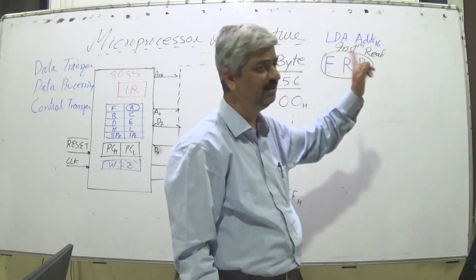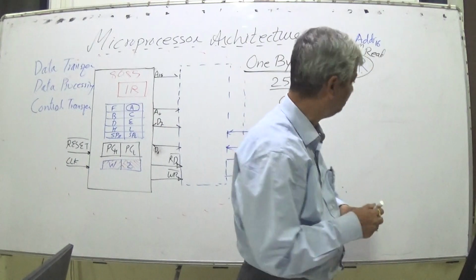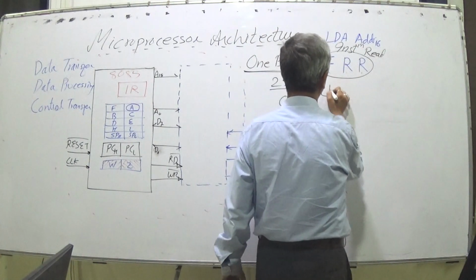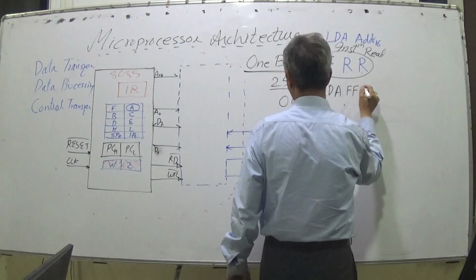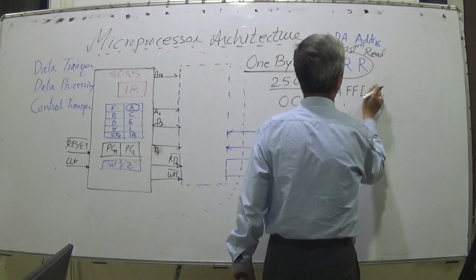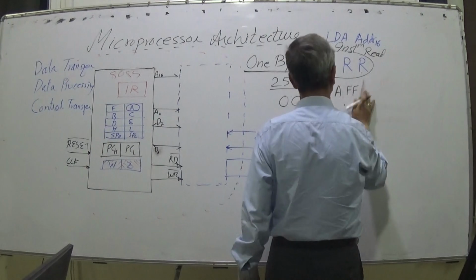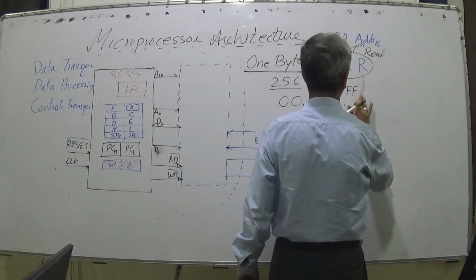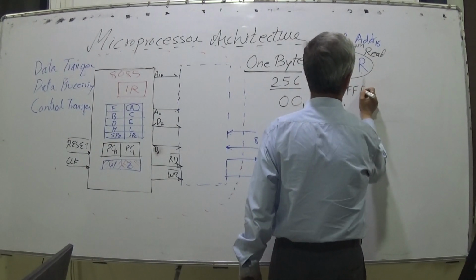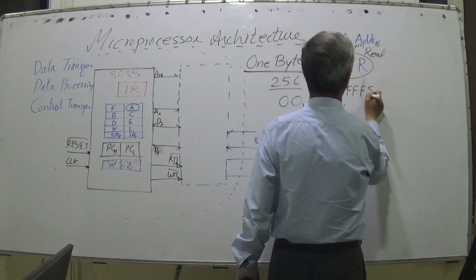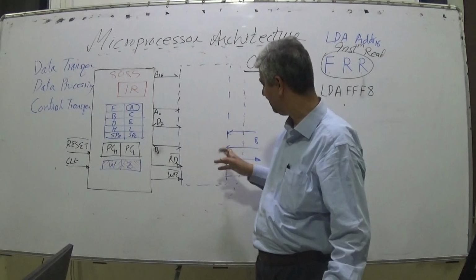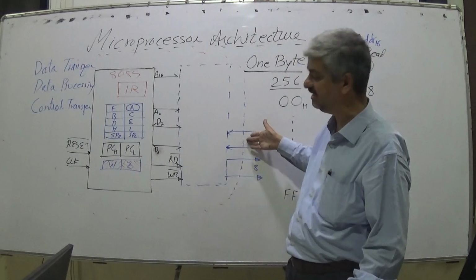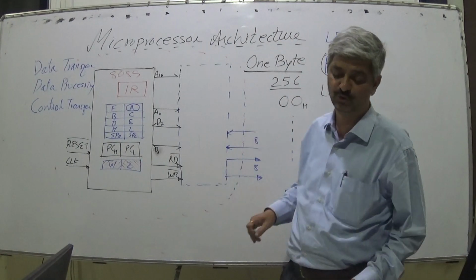LDA, load accumulator from, if the instruction is like this, LDA FFF8, F8 means from the address FFF8 where this input port may be mapped.